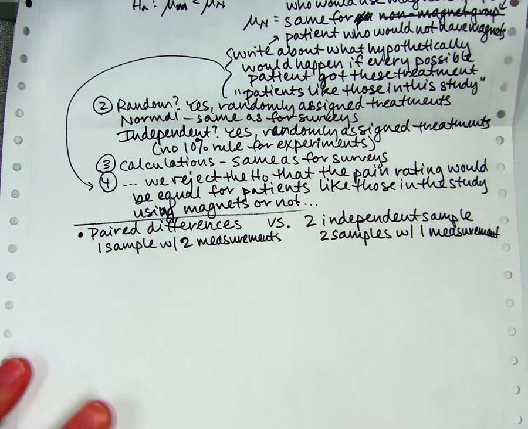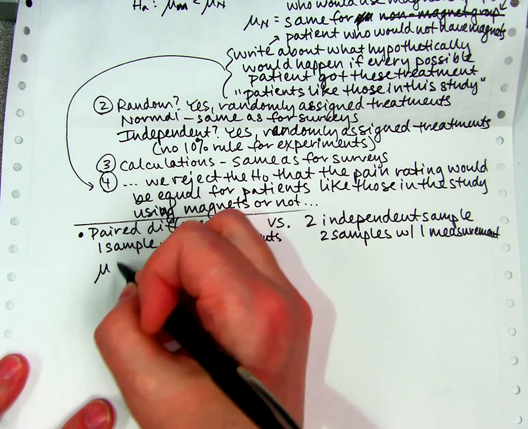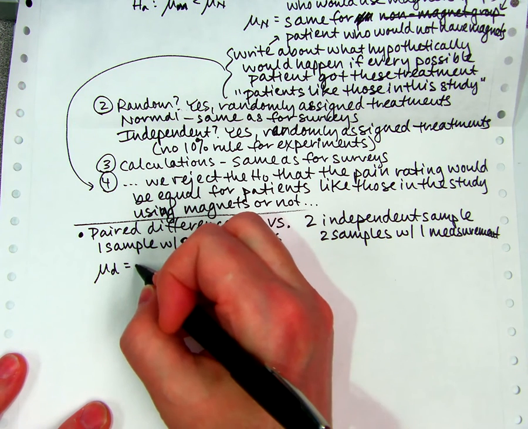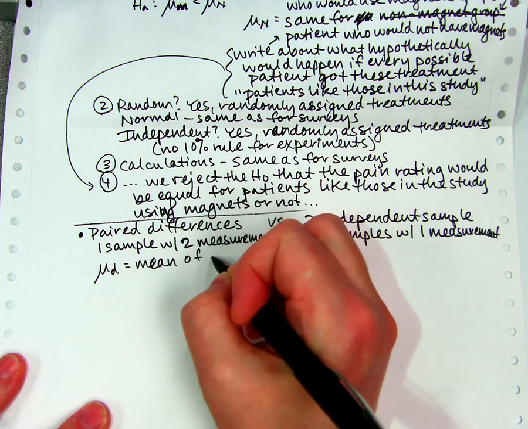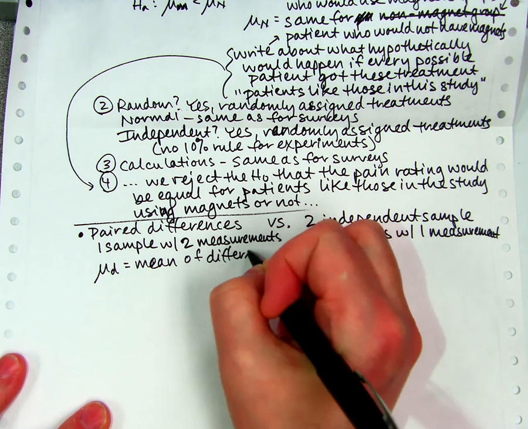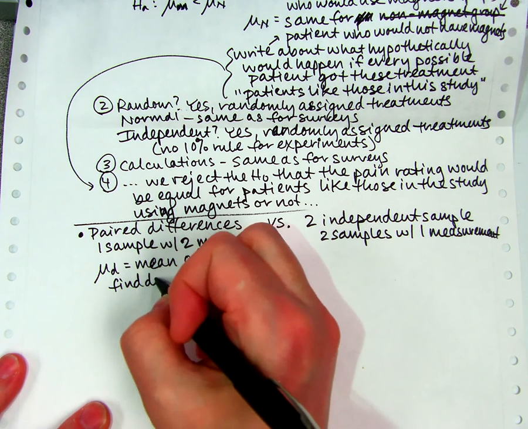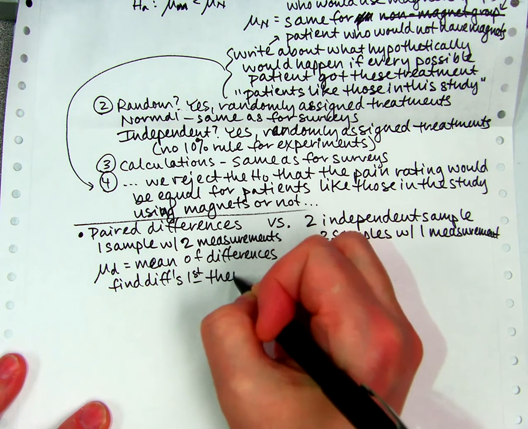And so what's interesting about this is we have the mean difference. So the mean of the differences is what we're looking at when we were doing paired differences. Mean of differences. So in other words, you find the differences first for each pair, then you average them.